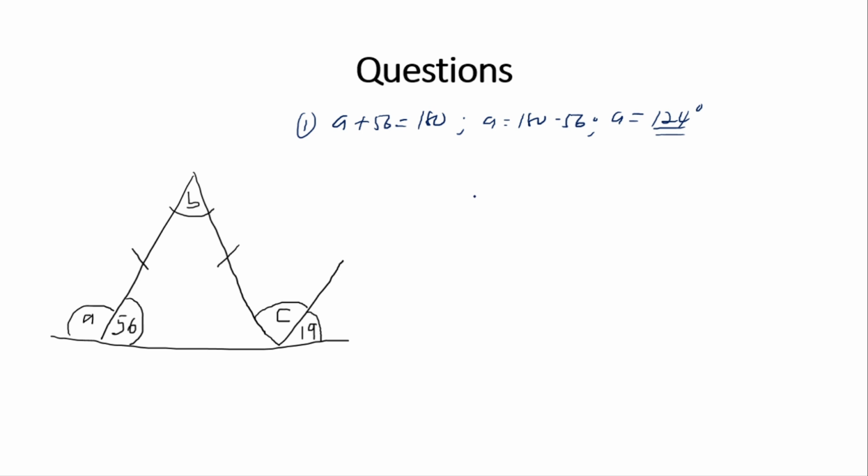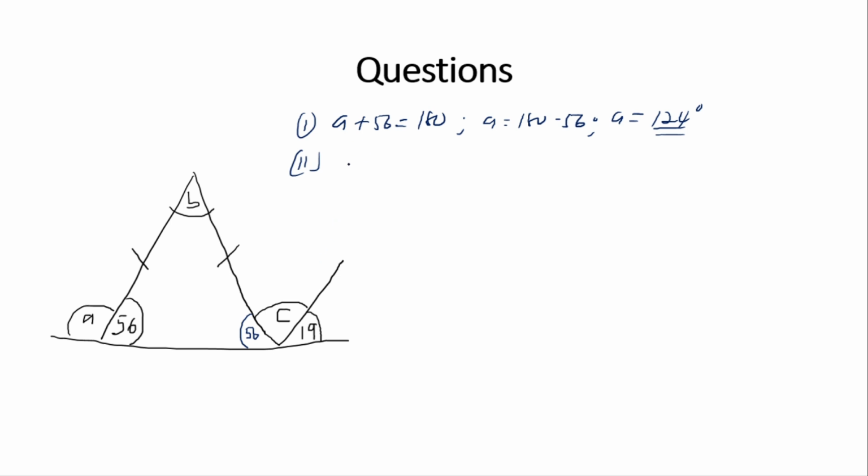Now we are to find the value of B, part II. This indicates that the triangle is an isosceles triangle, and so the angle here is the same as the angle formed here. And so 56 is also here. We know that the sum of the interior angles of a triangle is equal to 180 degrees.